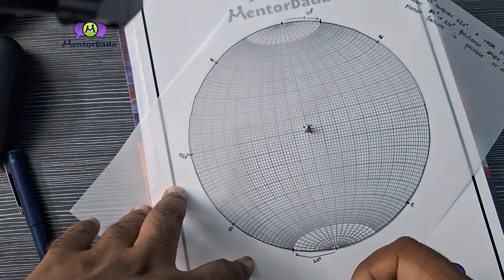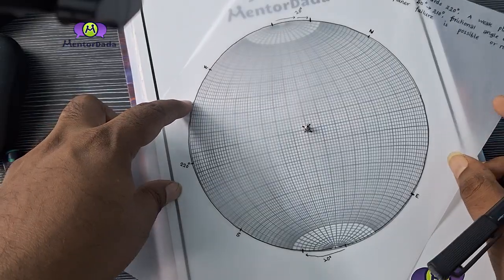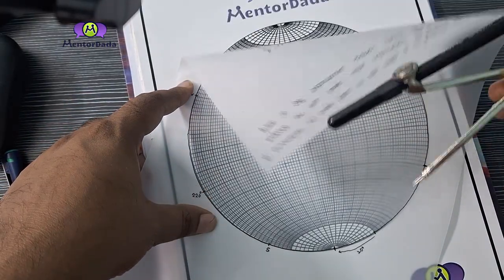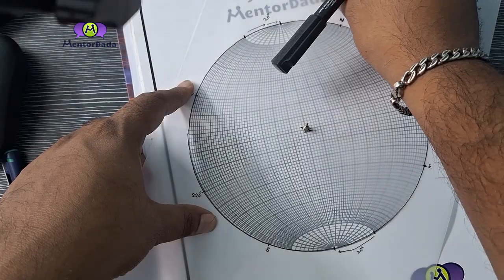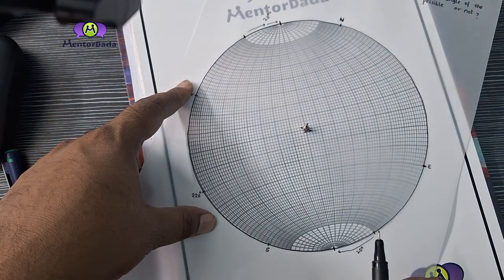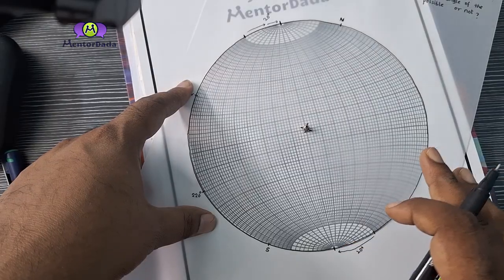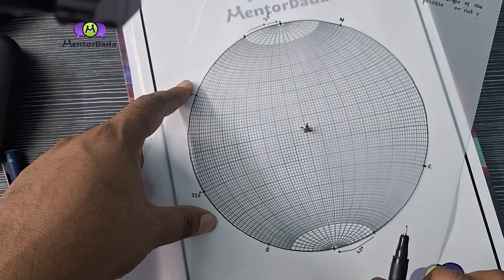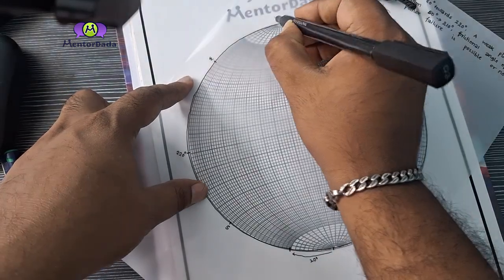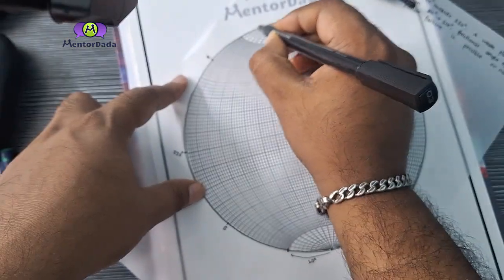Okay, clear? And now we will mark the other 20 degree distance, 10, 20.